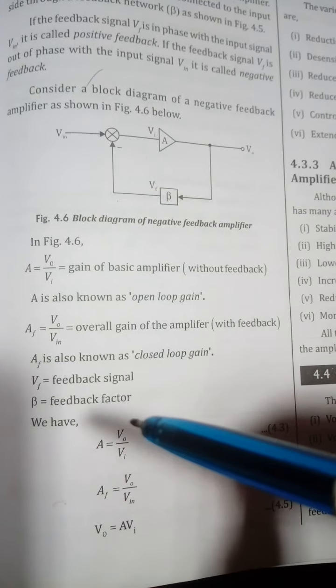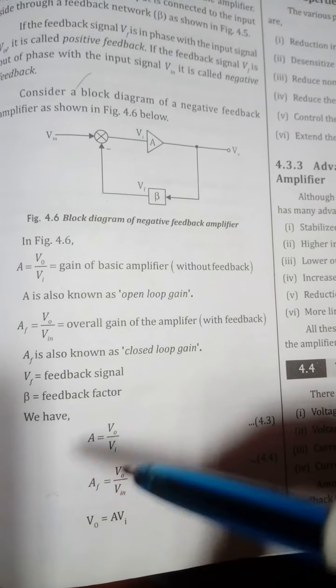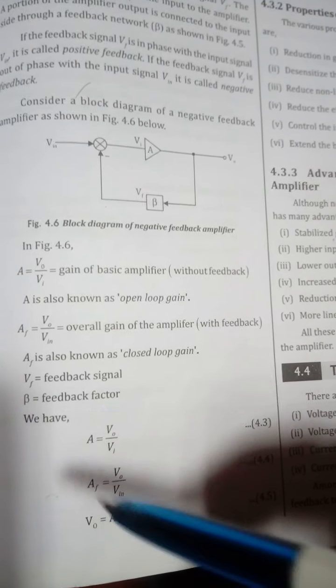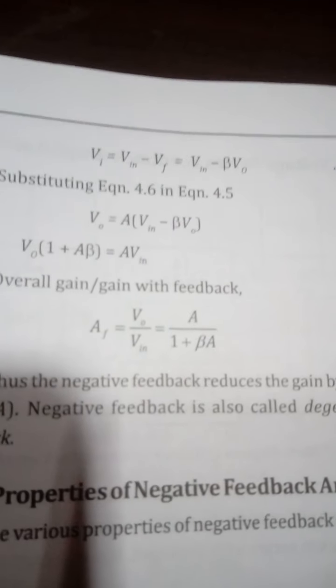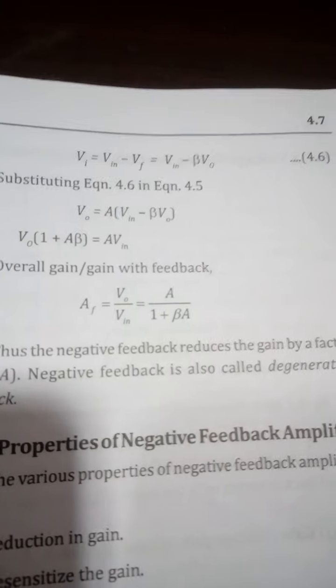Here we have A is equal to V naught by Vi, AF is equal to V naught by Vin. If you equate this, you get V naught is equal to A Vi, and you have Vi is equal to Vin minus Vf, which is equal to Vin minus beta V naught. So Vf is equal to beta V naught.